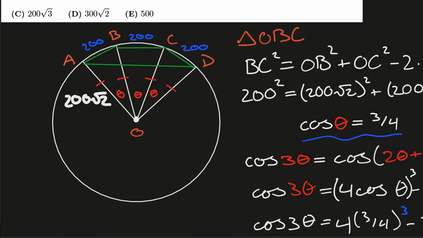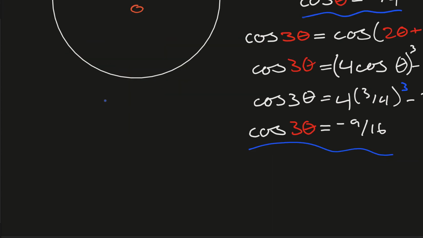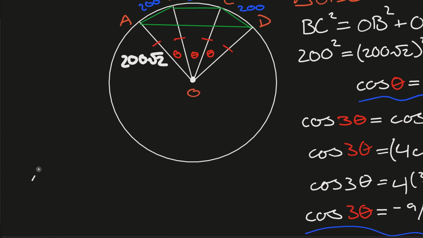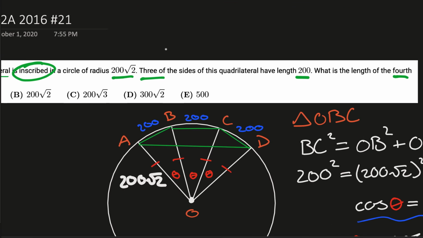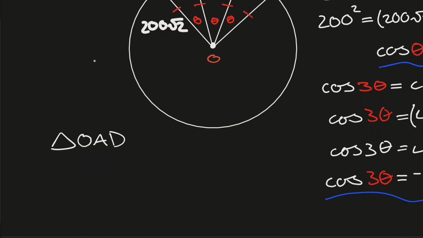Now the reason we did this is because we want to apply the law of cosines to this big triangle, triangle OAD. Let me highlight it. This section right here, that triangle, we're going to apply the law of cosines to find this remaining side, AD, which would be the answer to our problem.